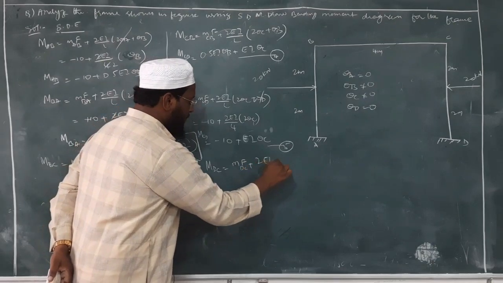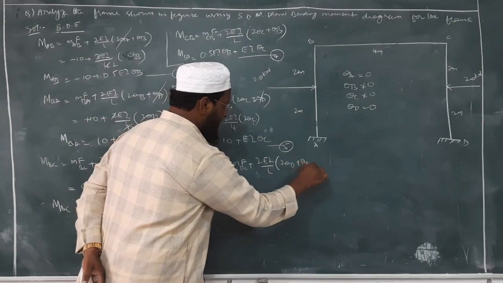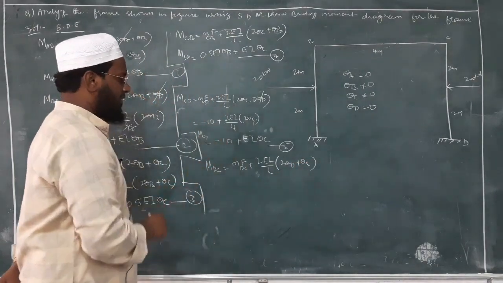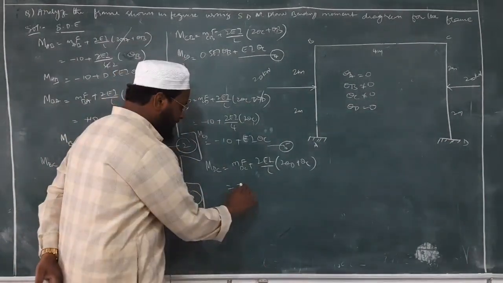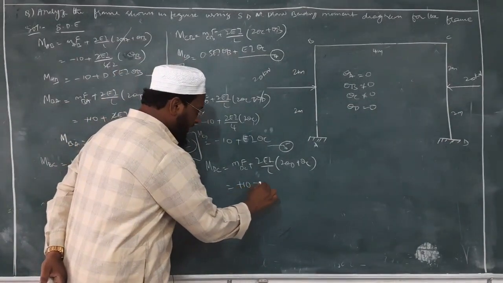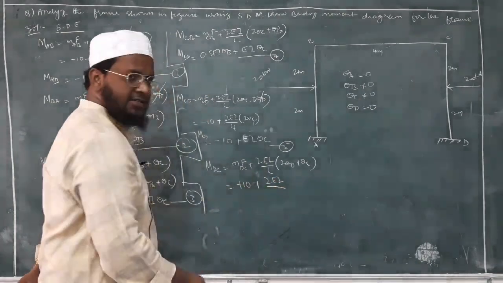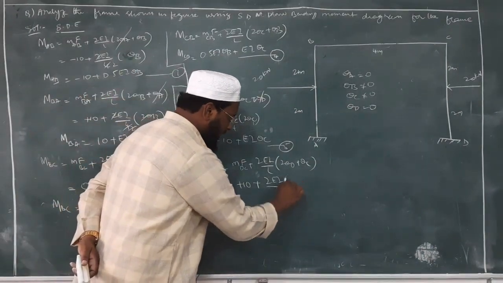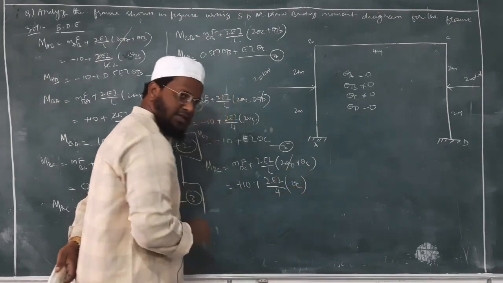Now can you tell me MDC? MFDC plus 2EI by L into 2 theta D plus theta C. Alright. So MFDC is how much? Plus 10. Plus 2EI by 4, right? L is 4 for span DC. Theta D will become 0, theta C will exist.